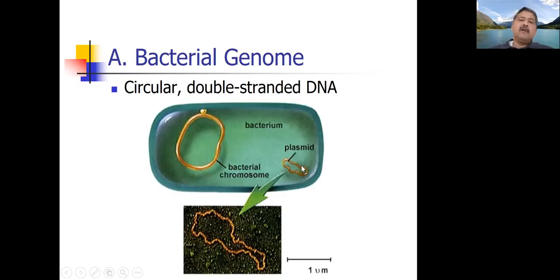We also have a smaller circular piece of DNA, which is optional. It's called a plasmid. Some bacteria have a plasmid. Another bacterium might not have a plasmid. That is a lot smaller than this primary bacterial chromosome. We'll see that in eukaryotes, the chromosomes are not circular, but more X-shaped.